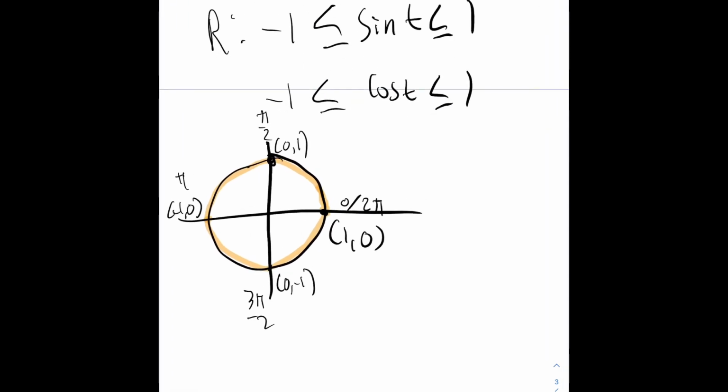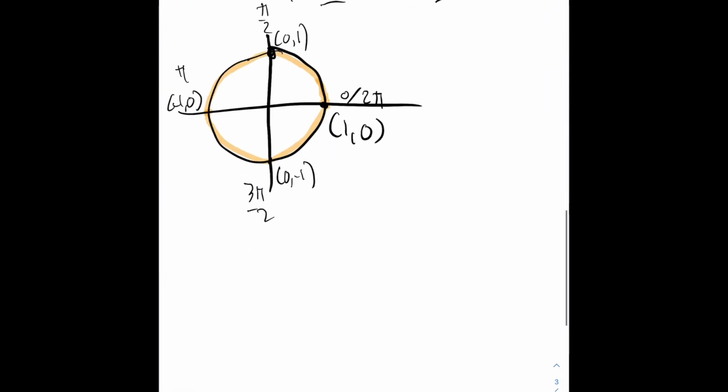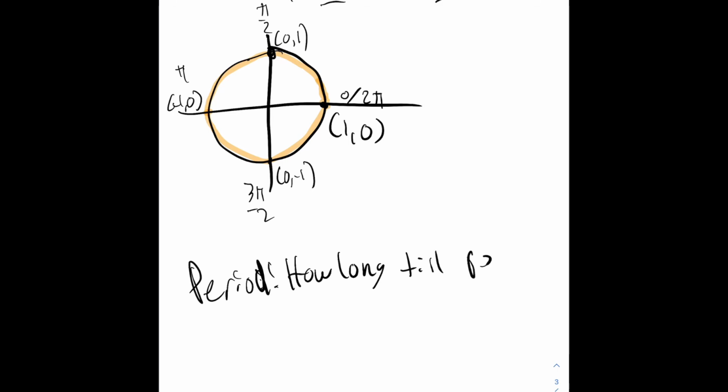So these two graphs have a period, and the period is how long it takes to repeat. The period for sine and cosine is 2 pi.